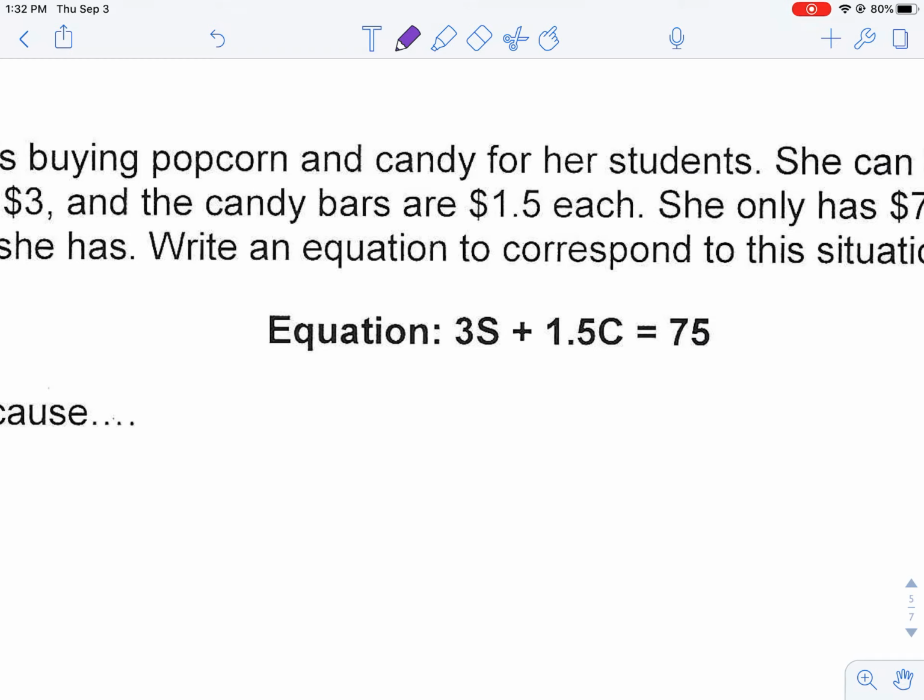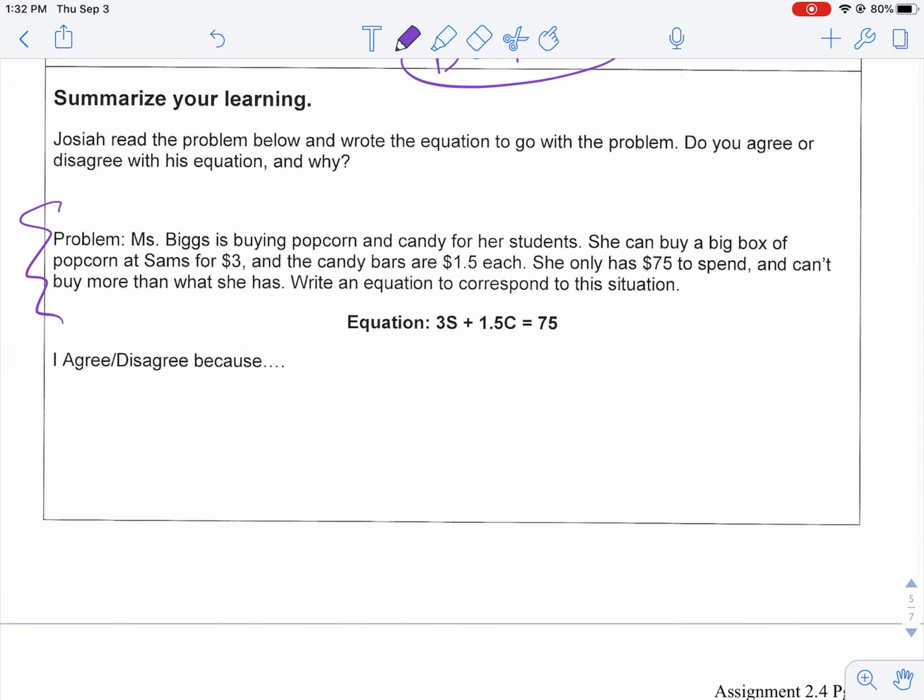Now, if you remember earlier in this video, I said we can't have two variables in an equation because if I solve for s or solve for t, we don't know. So I need to figure out a way to get rid of one of these variables. Now, 3 is right here. It says she is buying a big box of popcorn. Well, how many is A?